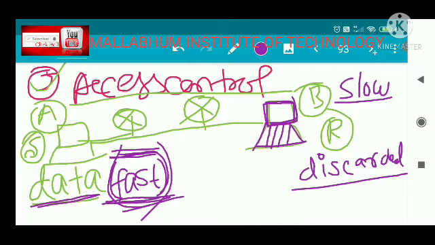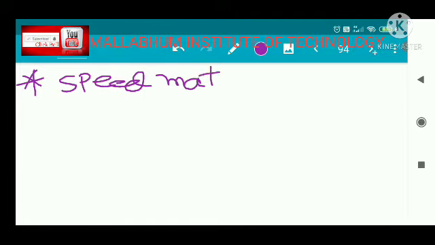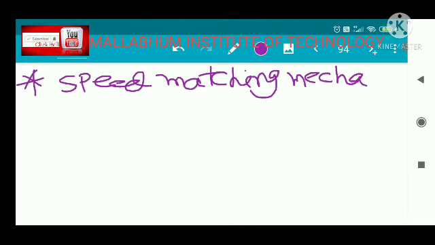That is why the flow control mechanism is also called the speed matching mechanism, because we are controlling the speed, the data rate, between the two devices.